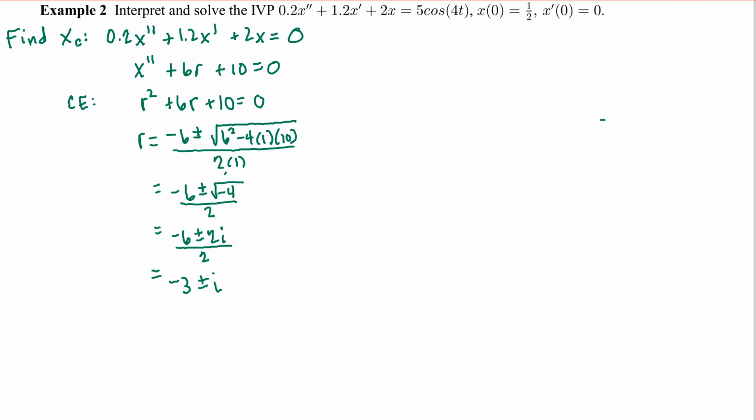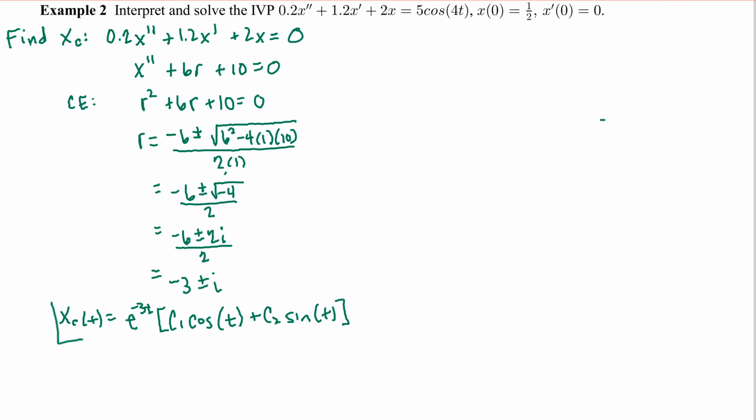So from this, we can define our complementary function x sub c of t as e to the negative 3t, make sure you use t, not x there, times c sub 1 cosine of, the coefficient of i is 1, so we just need a coefficient of 1 here, plus c sub 2 sine of t.